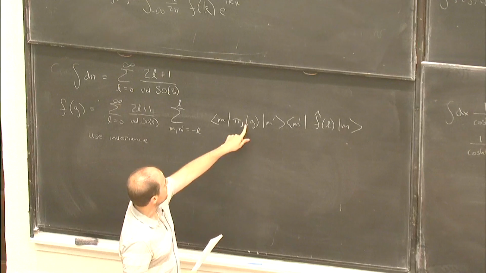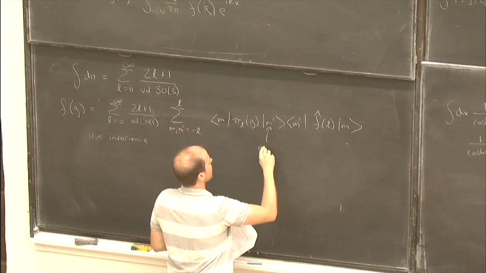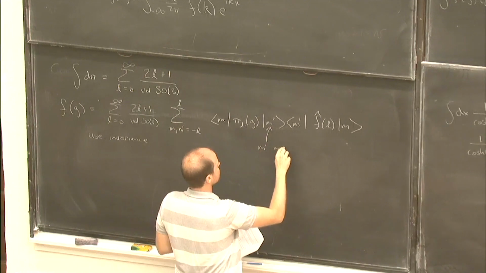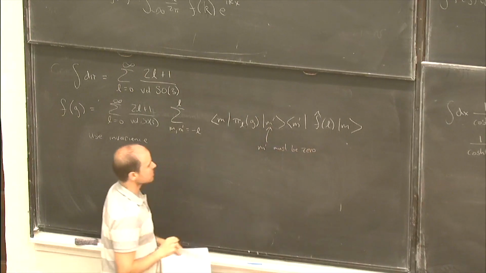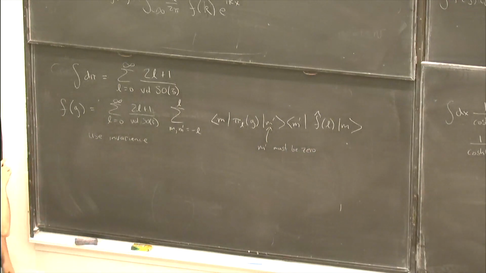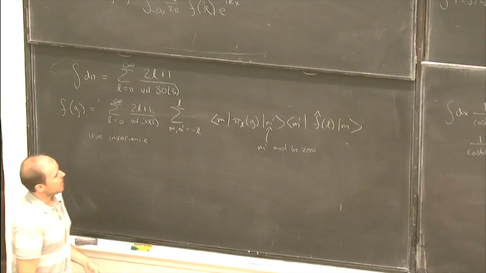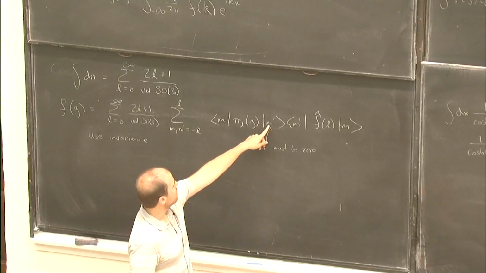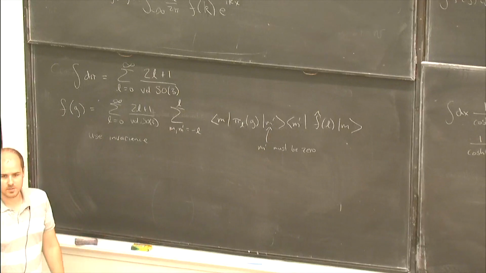And what that means is that m prime appearing here must be 0, because m prime equals 0 is the state that is invariant under SO(2).